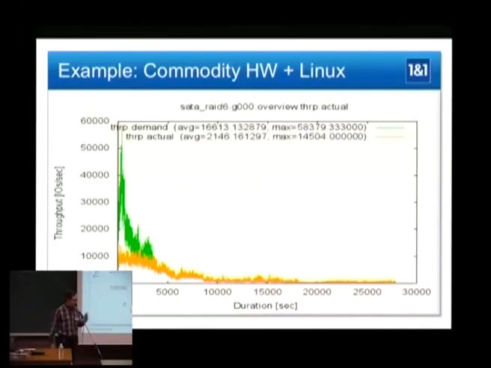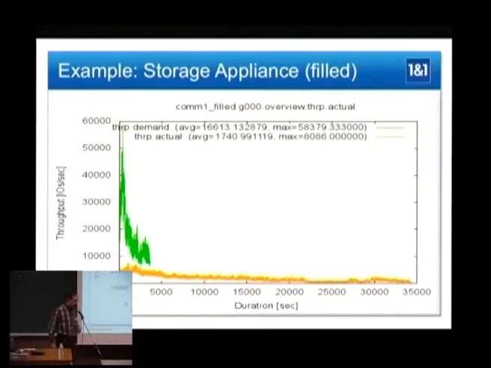But now something interesting on the next slide. Back to our storage appliance, which I showed you. This is just a second run with, actually, the exact same storage appliance which I showed you 2 slides before. But this time we filled it up with data.